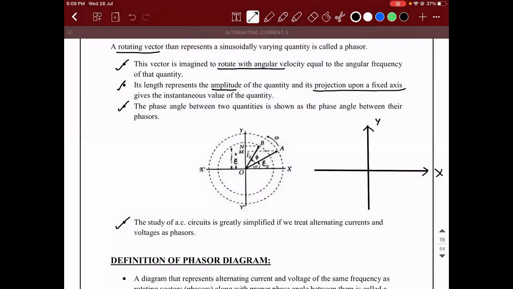If I have a vector like this, then this vector can be called a phasor if it is able to rotate like this. When I say it is a rotating vector, the rotating vector is always taken in the anti-clockwise direction, and this angle is generally taken as omega t, where this phasor is assumed to revolve with the same angular frequency as that of the quantity.